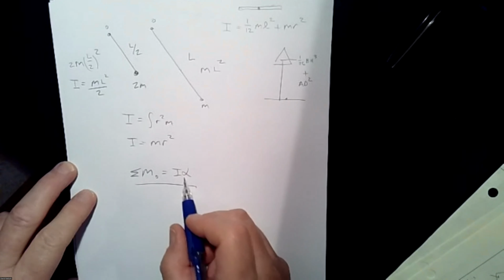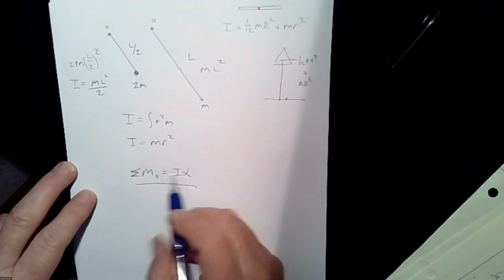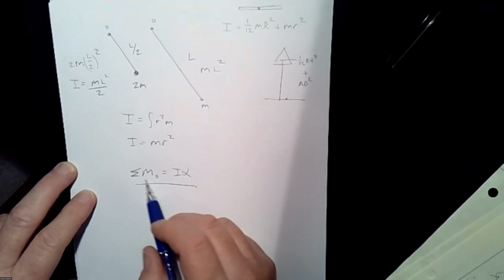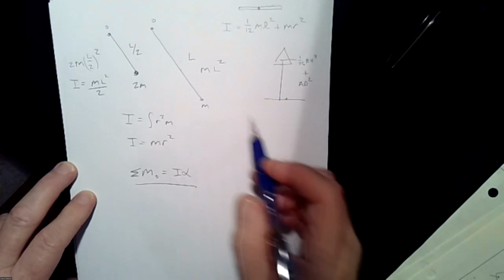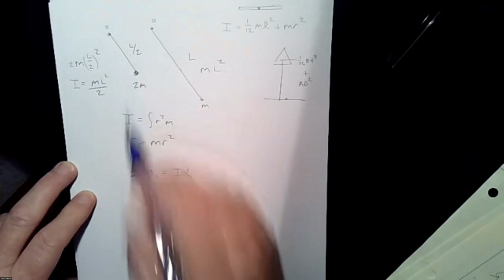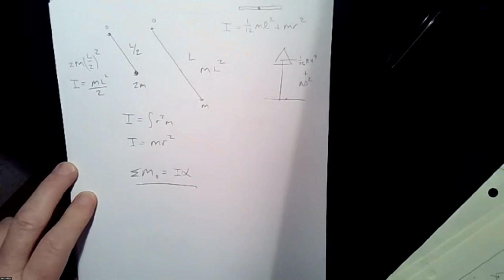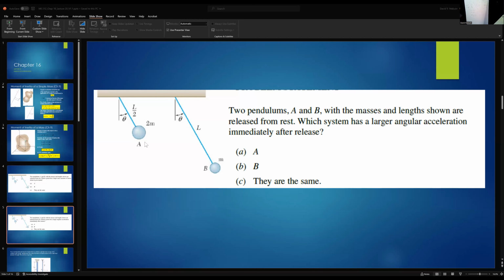And so it makes sense that if we look at A and B, going back to the screen, then A is going to have the larger angular acceleration.